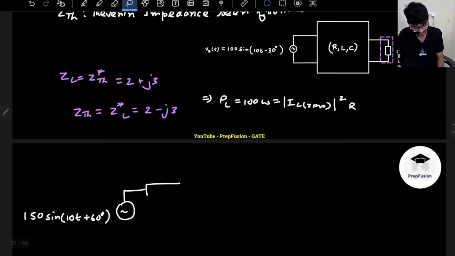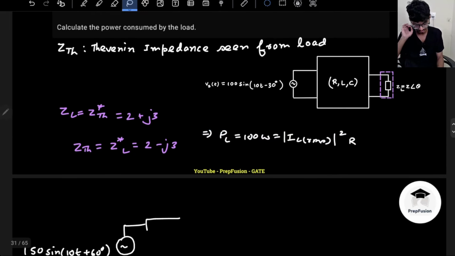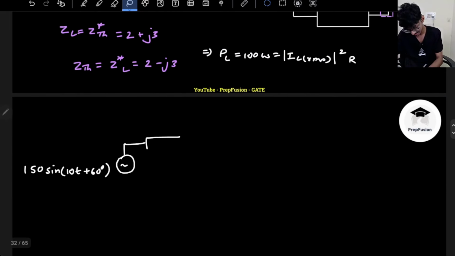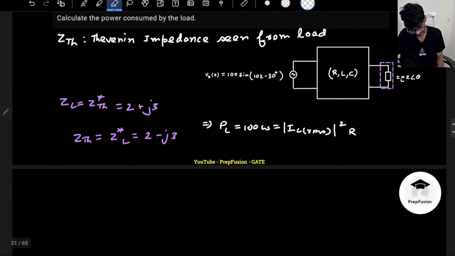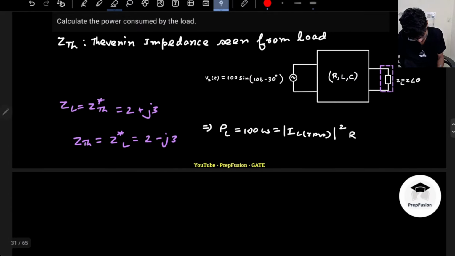We will actually require the information about the power, because I need to find out the Thevenin voltage, right? The power is 100 watts. So from here I will be able to find IL RMS square into R. IL RMS will be what?